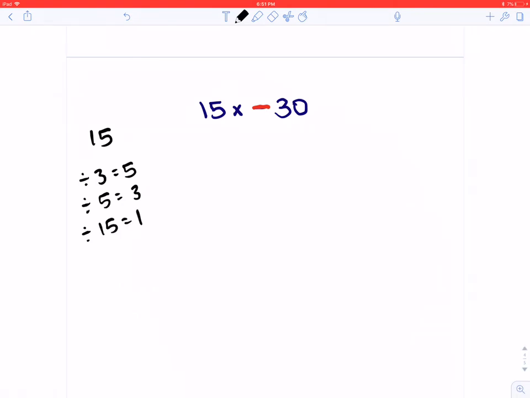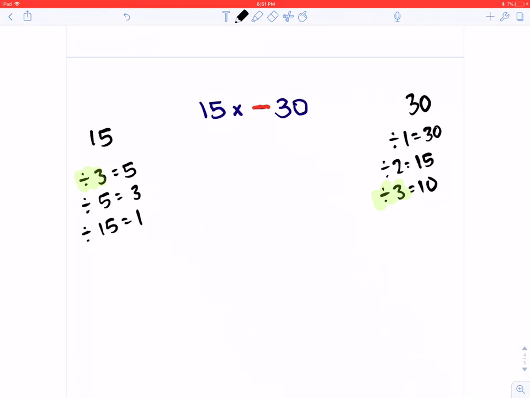When I look at 30, I can divide by 1, which would give me 30. I can divide by 2, which would give me 15. I can divide by 3, which gives me 10. So the question is, as far as the division goes, what numbers do I have in common? Well, as far as dividing goes, I have divide by 3 in common.